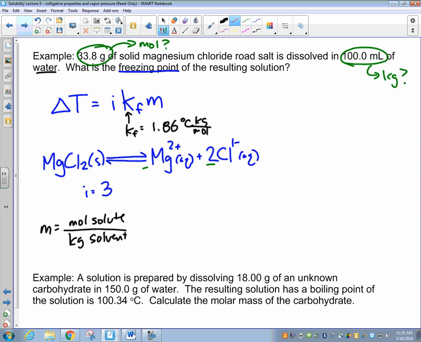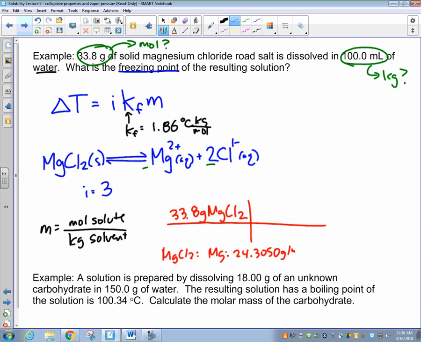So, if we have a look here, if we had 33.8 grams of MgCl2. Making a quick calculation to go from grams to moles, I have to know that in magnesium chloride, MgCl2, we've got 1 magnesium, which has a mass of 24.3050 grams per mole.